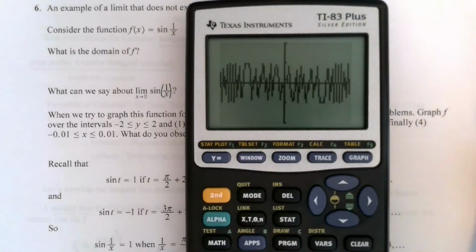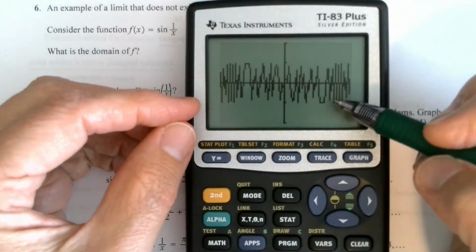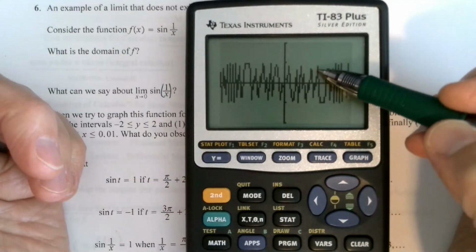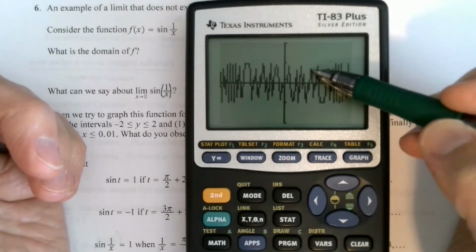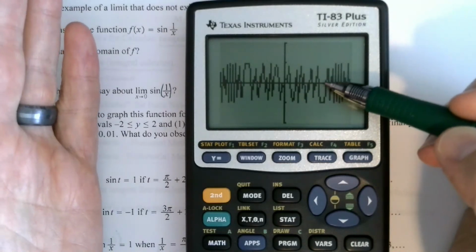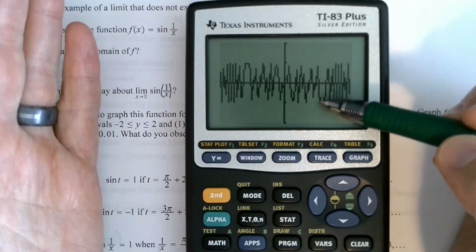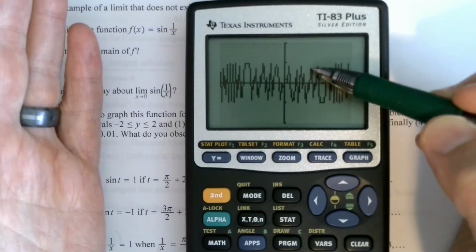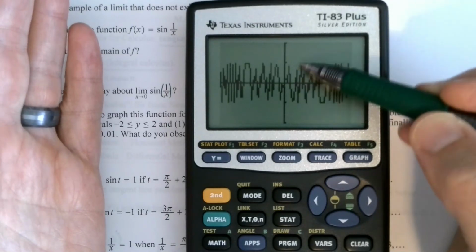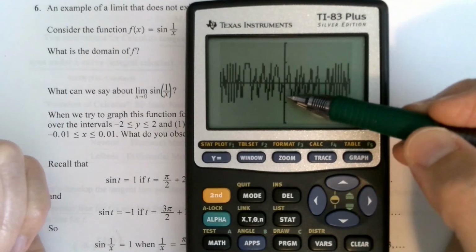In fact, this goes on forever, so we have an infinite number of times where this function is equal to 1 and an infinite number of times where it's equal to negative 1 as we approach 0 from any value of x greater than 0. This function begins to oscillate so rapidly back and forth that it cannot settle down to any particular value, and we'll see that the limit does not exist.